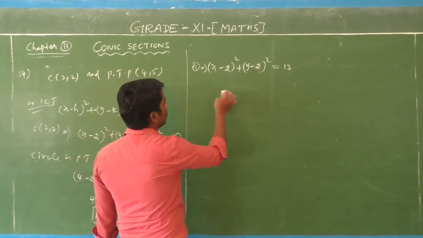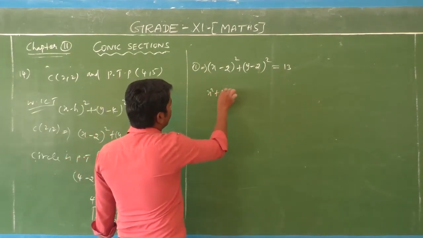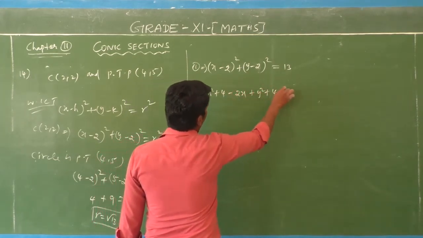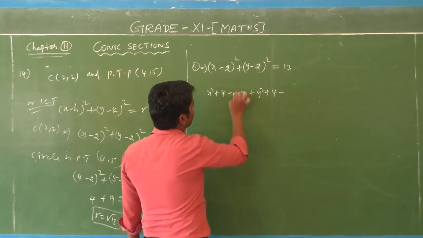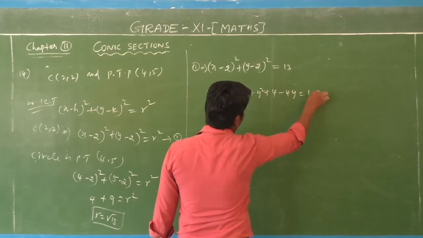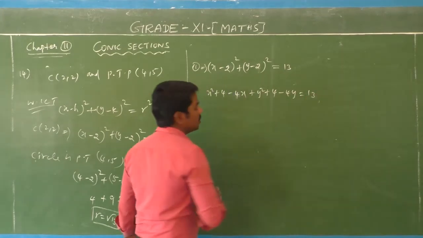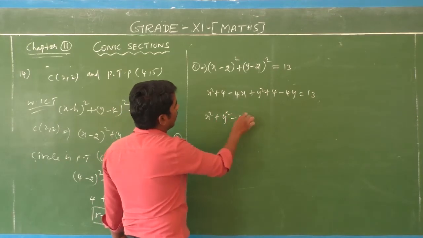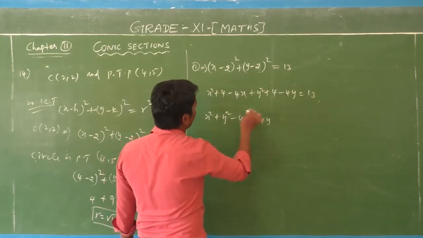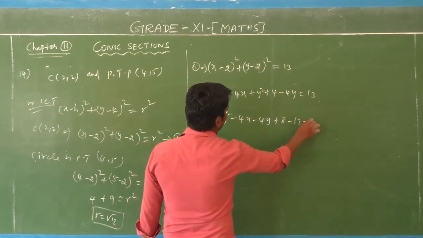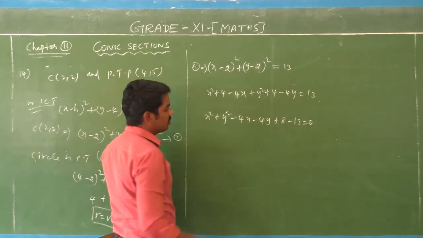Simplify this: x square plus 4 minus 4x plus y square plus 4 minus 4y equal to 13. So x square plus y square minus 4x minus 4y plus 4 plus 4 is 8, minus 13 equal to 0.